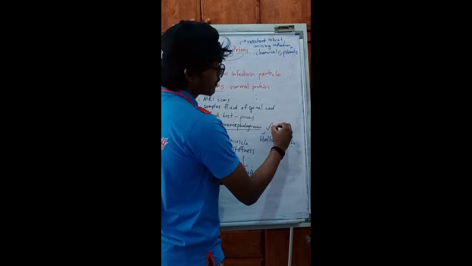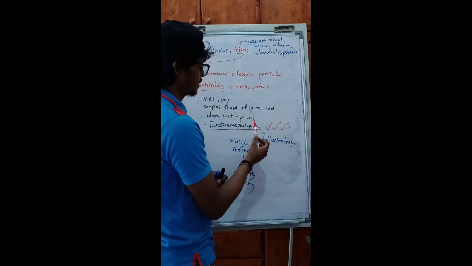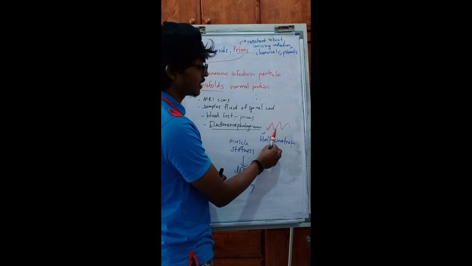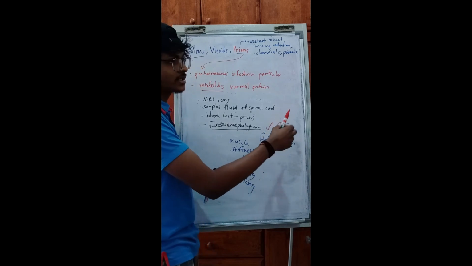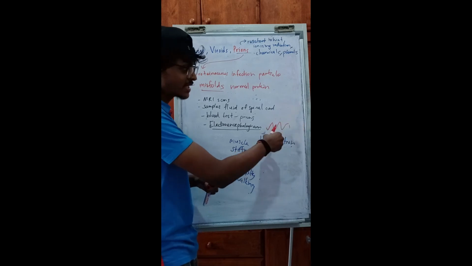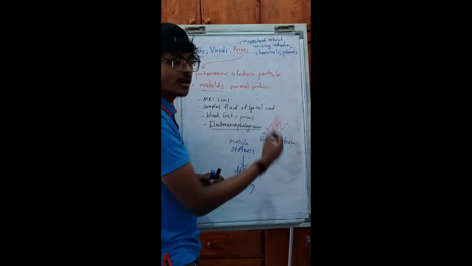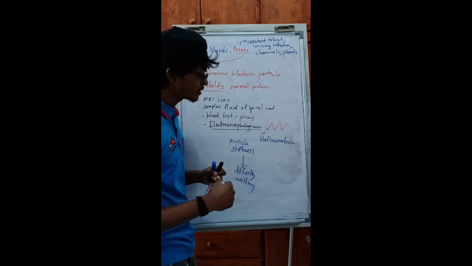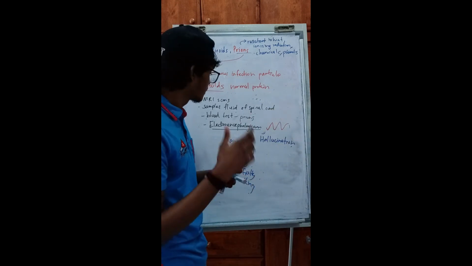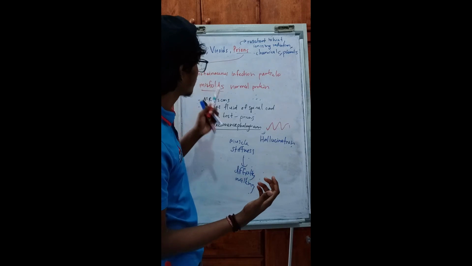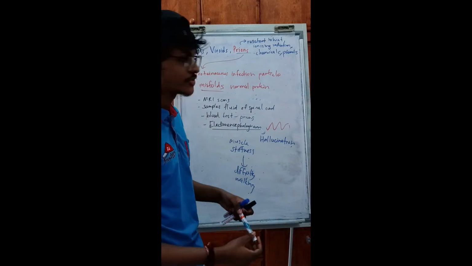If there are abnormal waves similar to those of patients having diseases caused by prions, then they will determine that the patient has one of the diseases caused by prions.